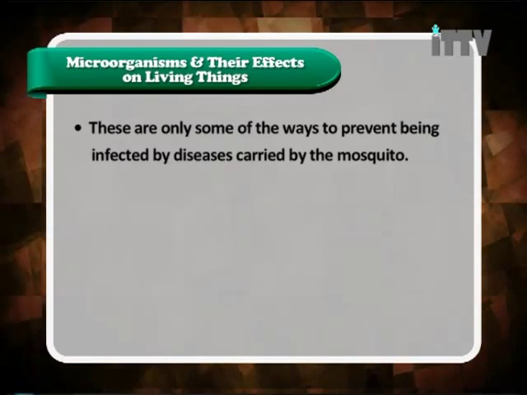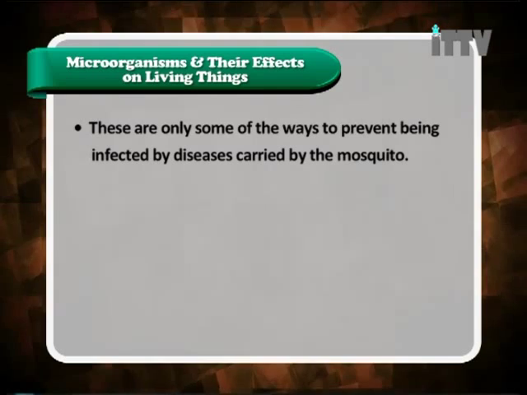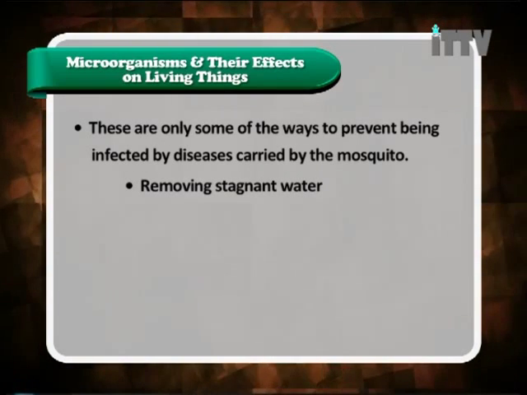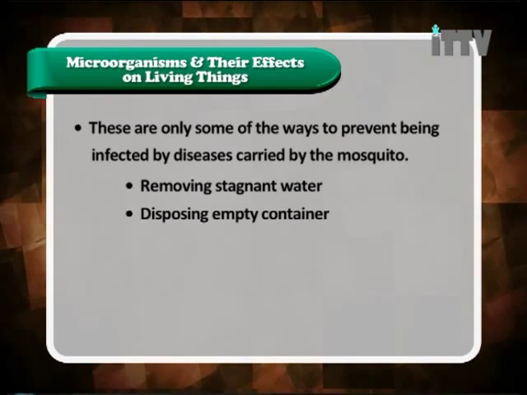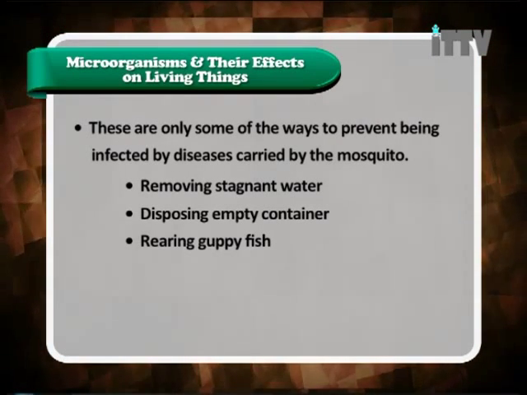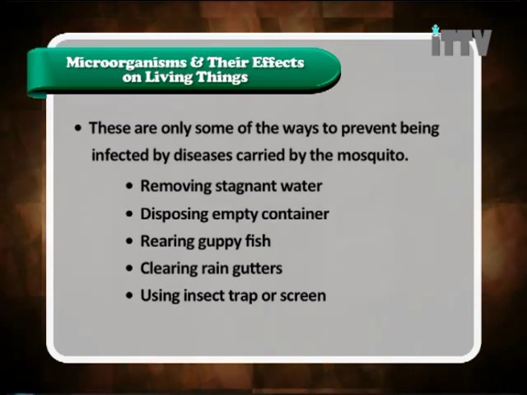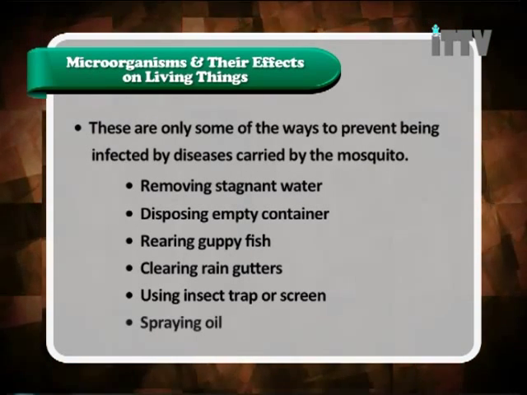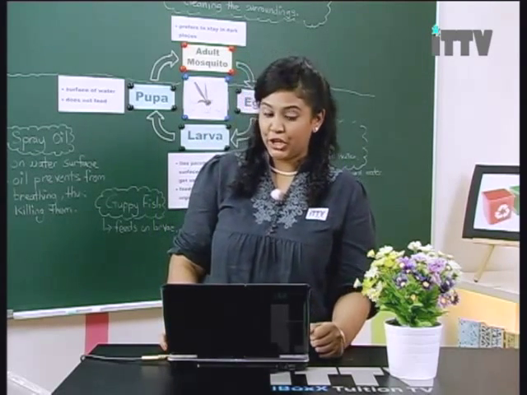These are only some of the ways to prevent being infected by diseases carried by mosquito: removing stagnant water, disposing empty containers, rearing guppy fish, cleaning rain gutters, using insect trap or screen, spraying oil. So these are the few methods that we can use.